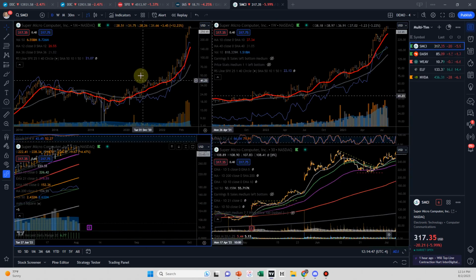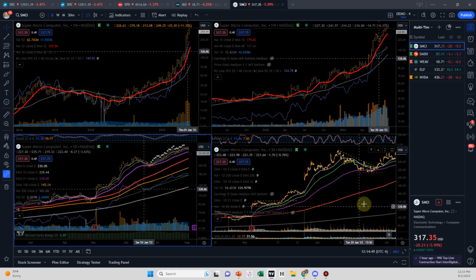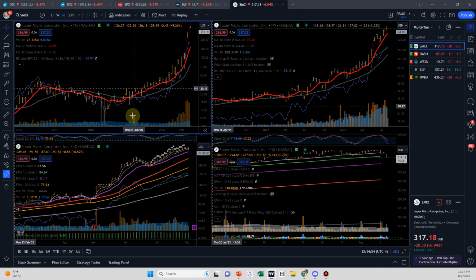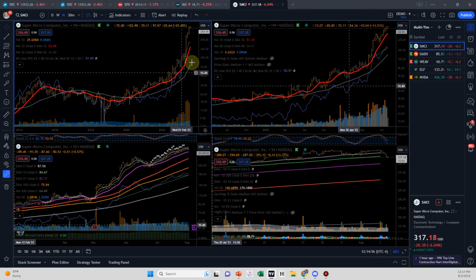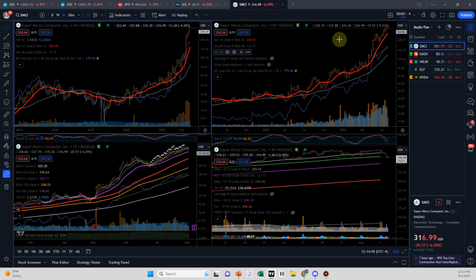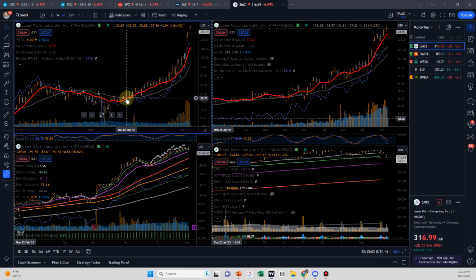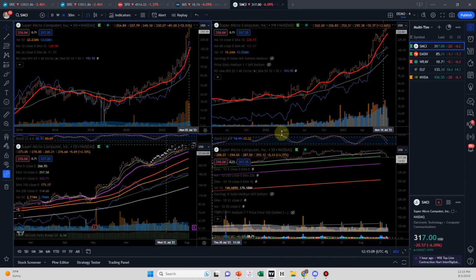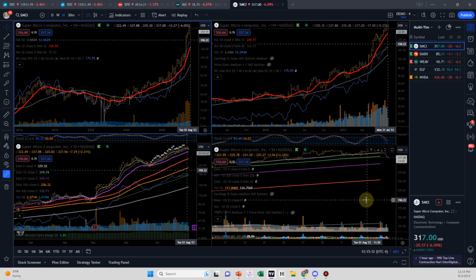To show you what I'm talking about here, let me reset some of these charts. Very briefly, we've got the monthly time frame here, and the setups that we'll be looking at are these ones here. But for right now, this is a monthly chart, this is a weekly chart, this is a daily chart, and this is a 30-minute. I like to keep all 4 time frames on my screen as I'm going through trades.